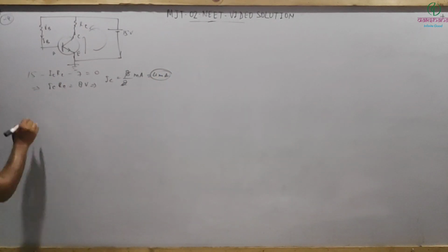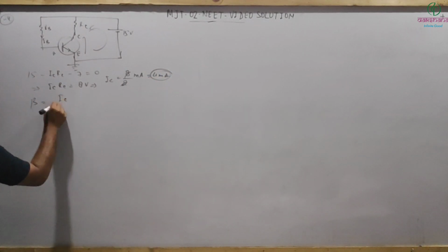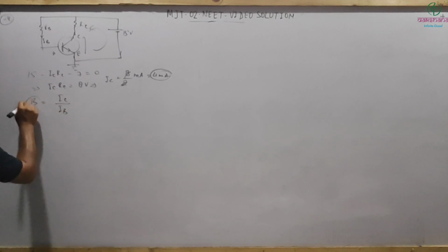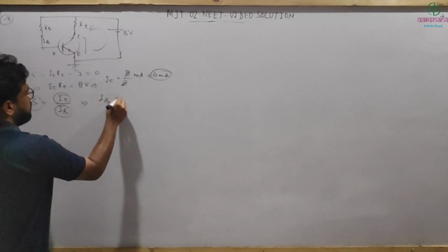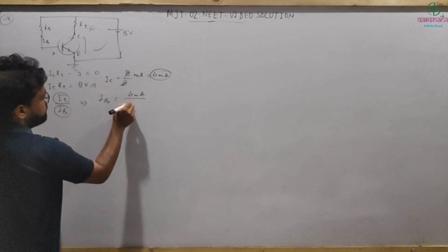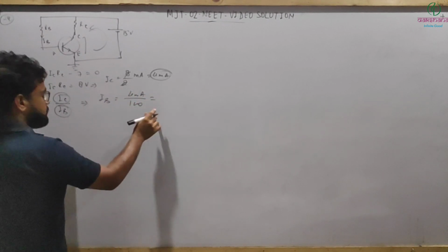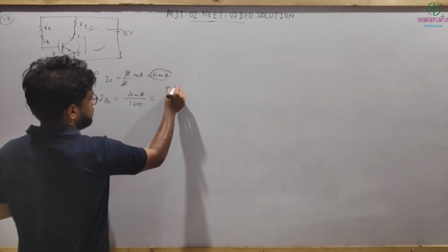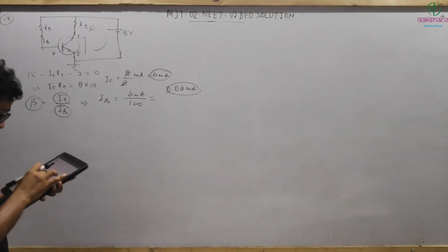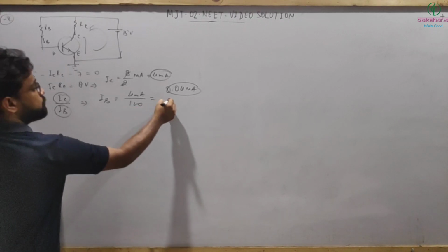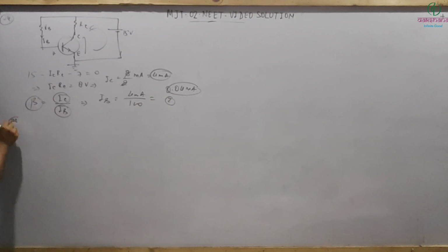And beta is equal to IC divided by IB. Beta is given, IC we got, IB is equal to 4 milliampere divided by 100. This is coming out to be 0.04 milliampere. So that is the answer matching with option number 2.